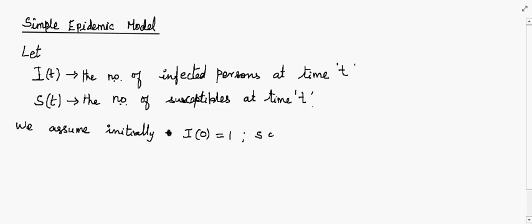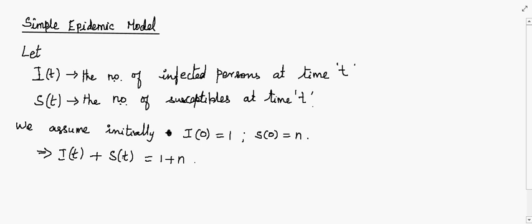So S of 0 is equal to n, which also tells us that in that region there are n plus 1 persons living. So this gives us another piece of information, that is I of t plus S of t at any time t, the total number of persons living in this region, is 1 plus n or n plus 1.